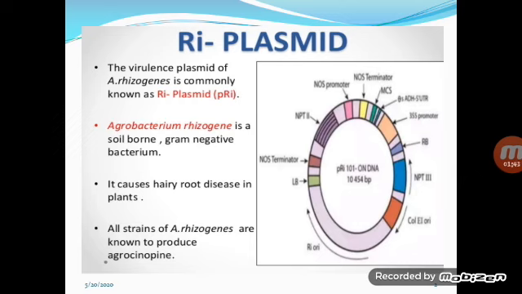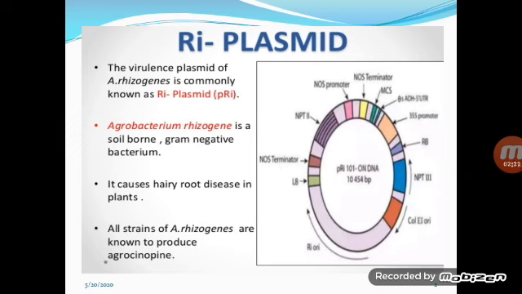Mostly Ti plasmid is used in plant transformation, but Ri plasmid is another plasmid which is present in Agrobacterium rhizogenes. Agrobacterium rhizogenes is a soil-borne gram-negative bacteria like Agrobacterium tumefaciens. Agrobacterium tumefaciens causes crown gall or tumor disease, but Agrobacterium rhizogenes causes hairy root disease in plants.